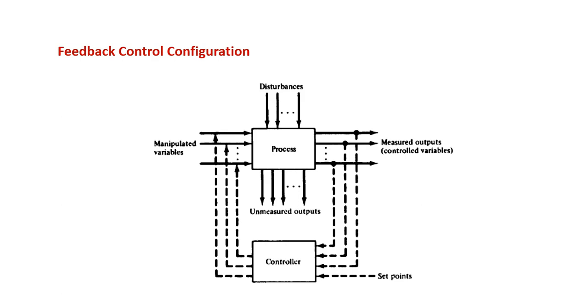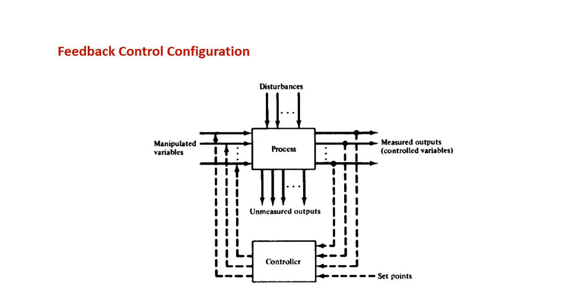Now signals from those measured outputs will go into the controller action, where we have already set our desired values. The controller will compare the measured values with the desired value and produce an error. On the basis of that error, our valves or the controlling elements will actually manipulate these input variables.